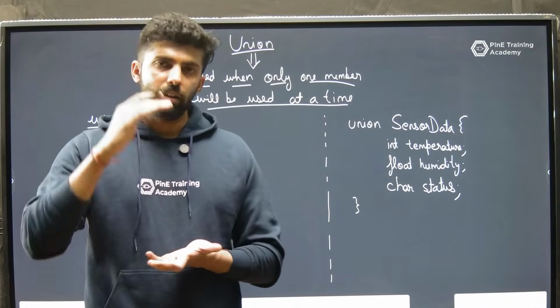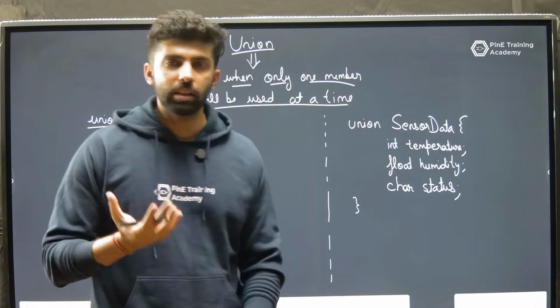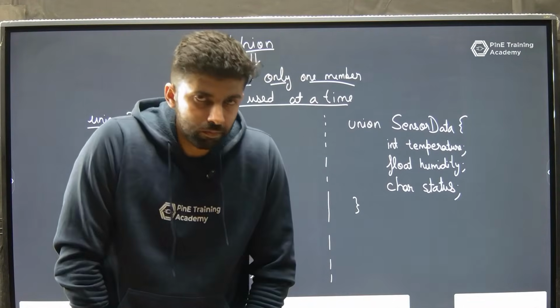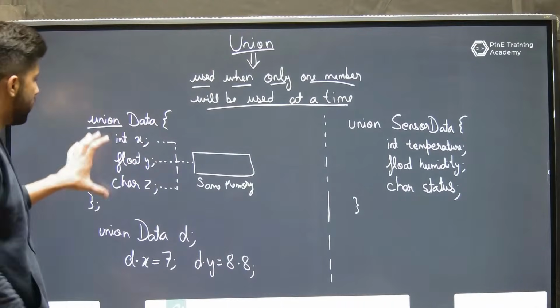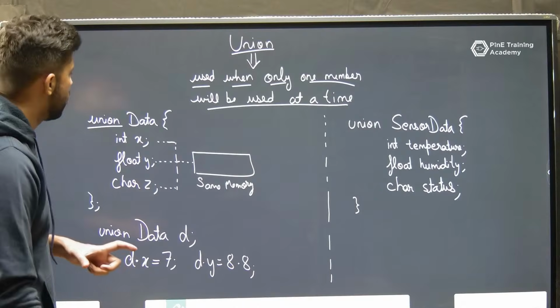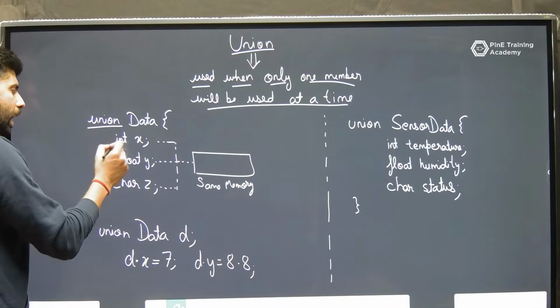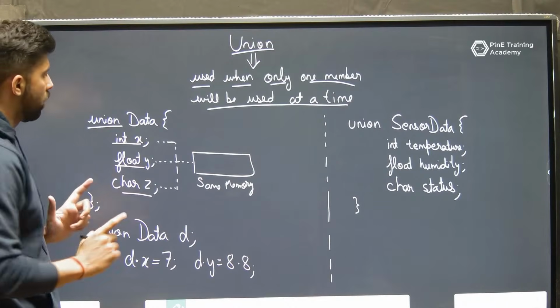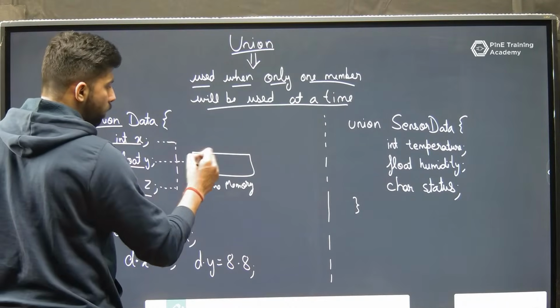In case of structure, we know that since it is a user defined data type, it can contain multiple values. Same with the union, it can have multiple values, but the twist is that in case of union, every member will share a common memory.